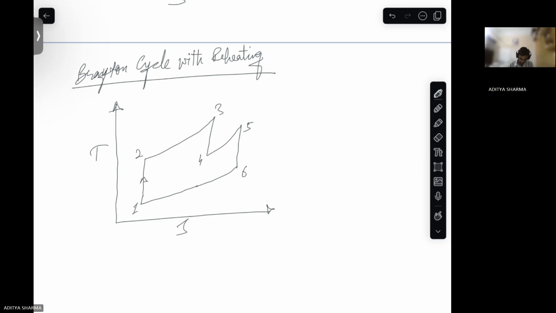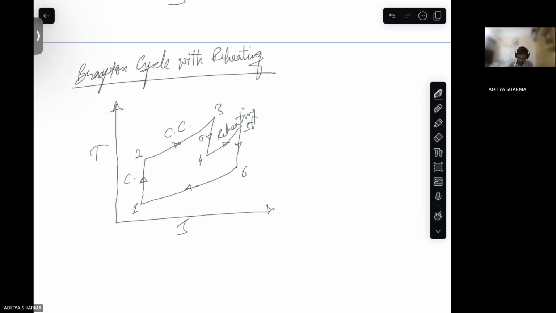So this is reheating. This is combustion chamber, this is compressor, this is turbine.